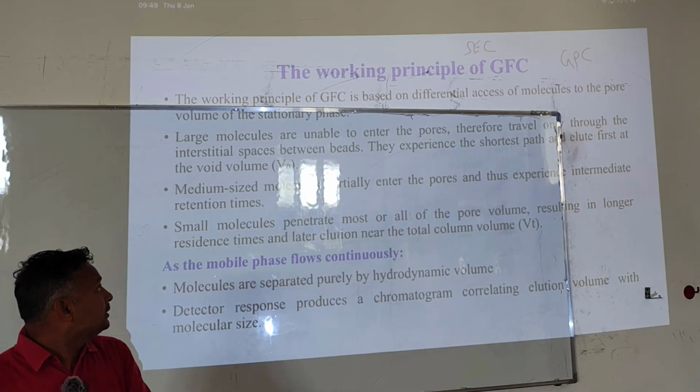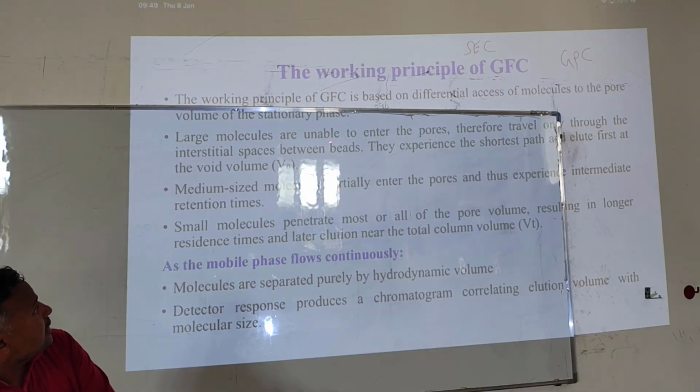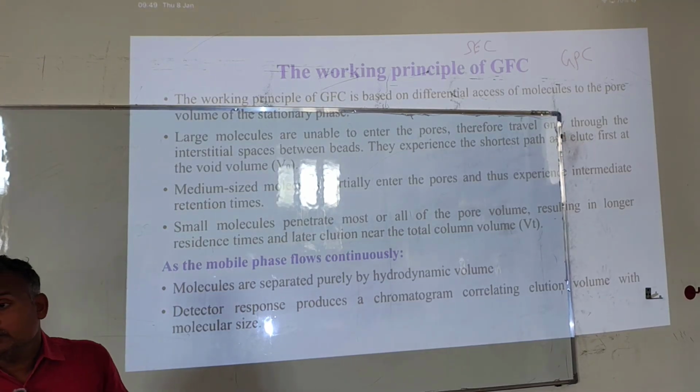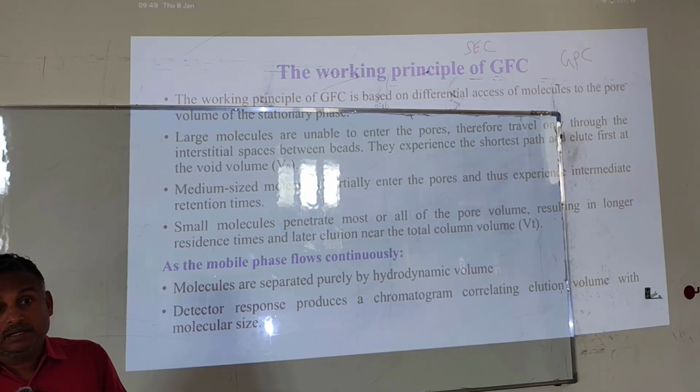Large molecules are unable to enter the pores. Therefore, they travel through the interstitial spaces between the beads. They experience the shortest path and elute first at the void volume. The biggest ones will be eluting faster.